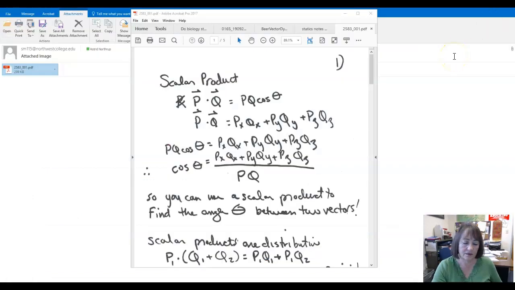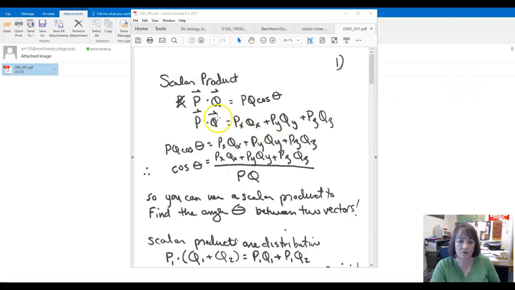So getting started. There are two big skills that we learn in section 3.2, both of which have to do with vector multiplication. The first is called a scalar product, or is sometimes called a dot product. There are two definitions of the magnitude of a scalar product.